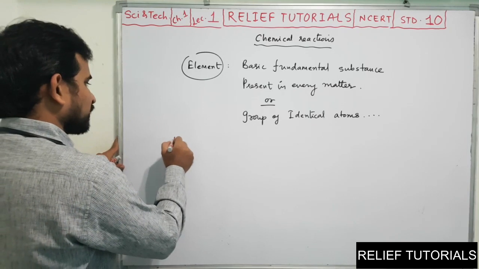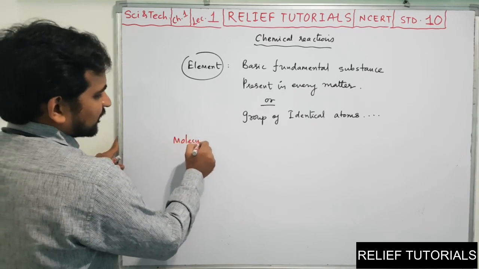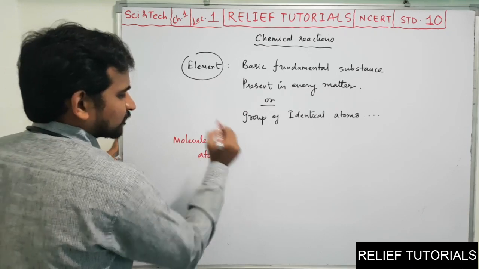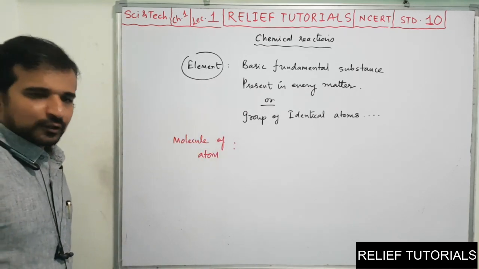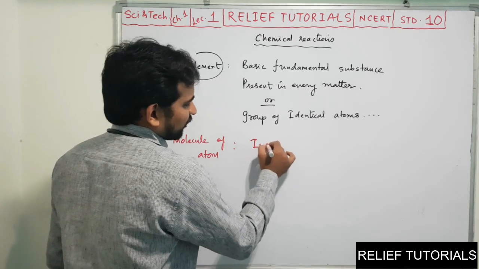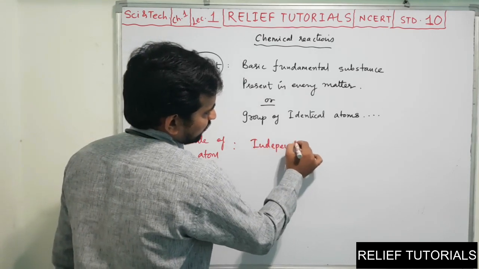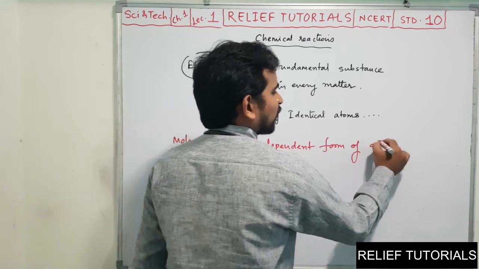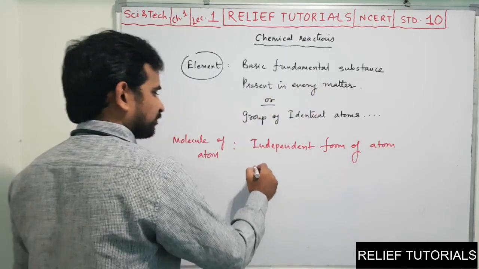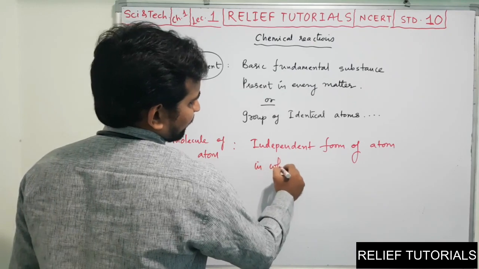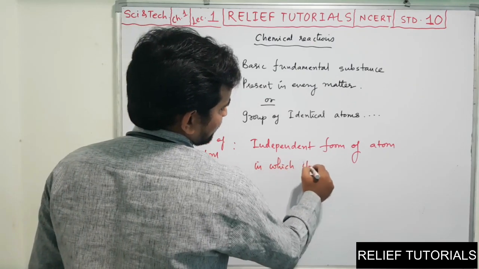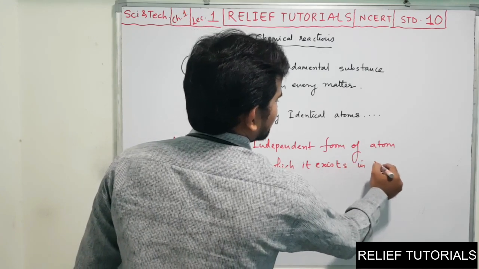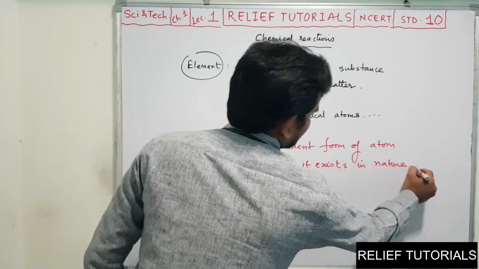There are two types of molecules we have seen in the 9th standard: molecule of element and molecule of compound. So what do you mean by molecule of element? The independent form of an element in which it exists in nature.